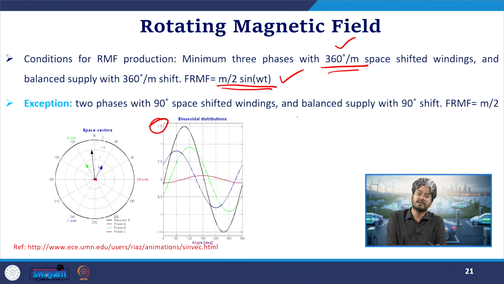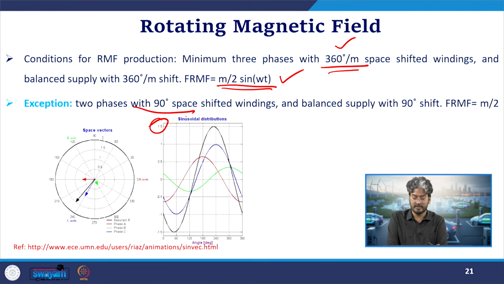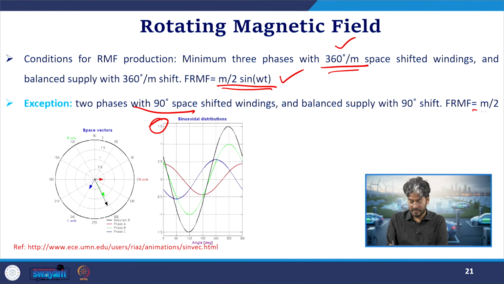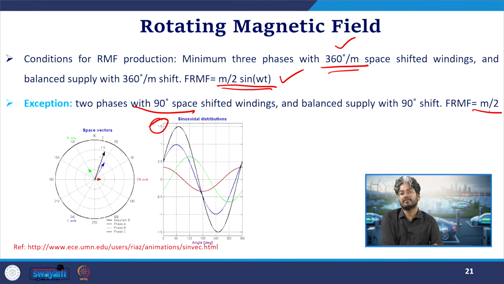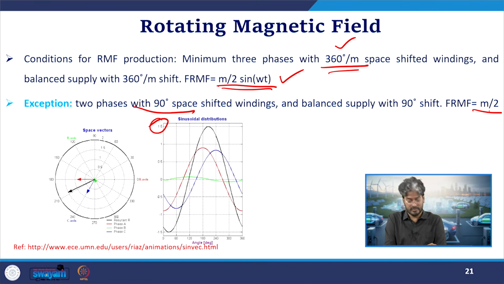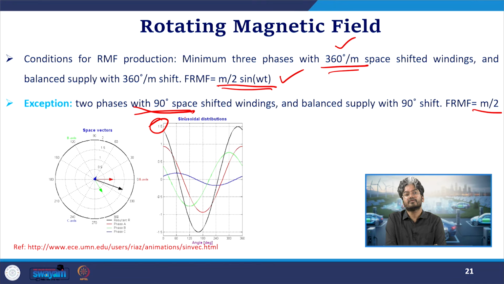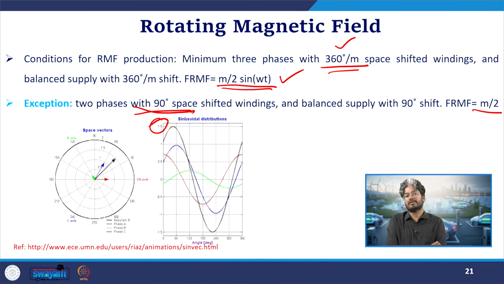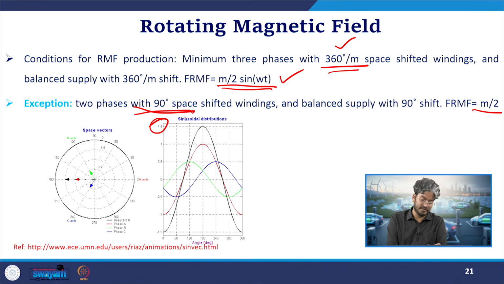The only exception is our 2-phase machines where we will be having 90-degree disposition, but the formula for our rotating magnetic field magnitude will be the same, m by 2. Okay. But here the 360 by m will not be followed for 2-phase; it will be 90 degrees apart from each other. The windings will be having a 90-degree phase shift from each other. Okay.